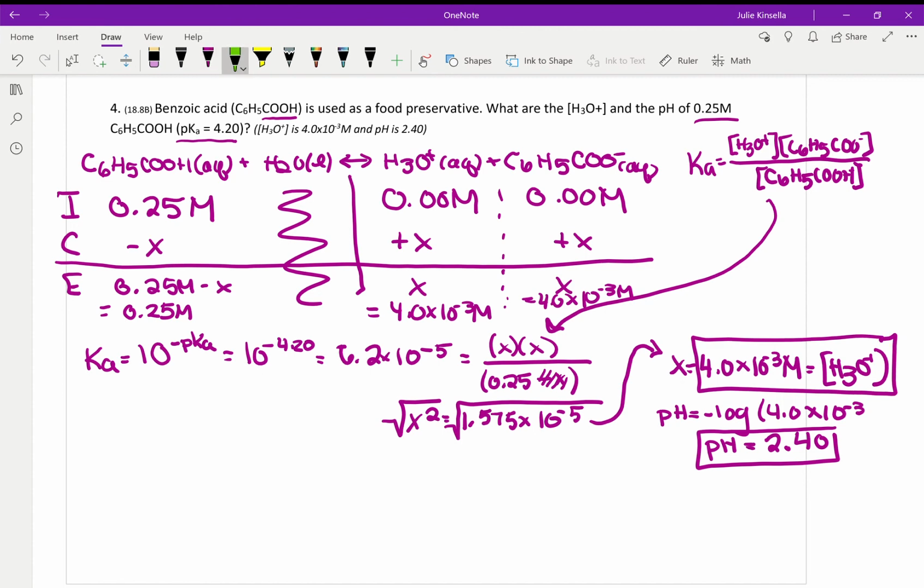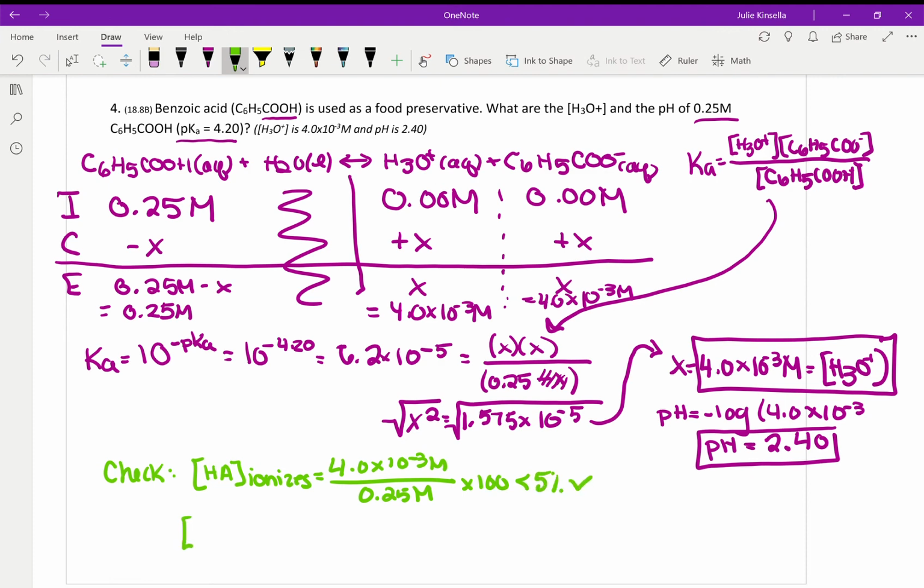All right, and then finally just doing those two little checks, which I'm going to simplify down just a little bit. Here we have our weak acid, which just because of the formula, I'm right now going to write as HA, that ionizes. Okay, that change is 4.0 times 10 to the negative 3 over the 0.25, times 100, definitely less than our 5%.